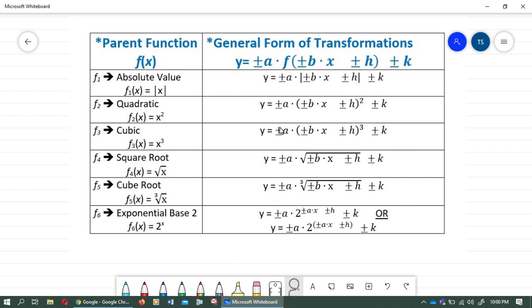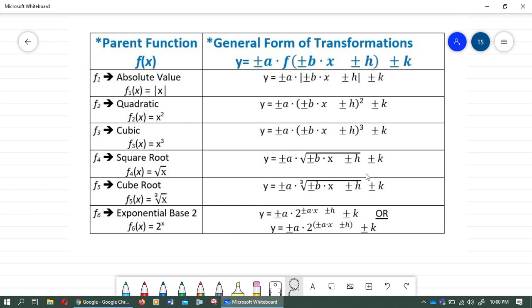Okay, guys, I did just talk about this chart, but just in case I had a little bit of a glitch with the video, this chart kind of shows each specific parent function and how it could look with this general form of transformations, where it includes more than one type of transformation.